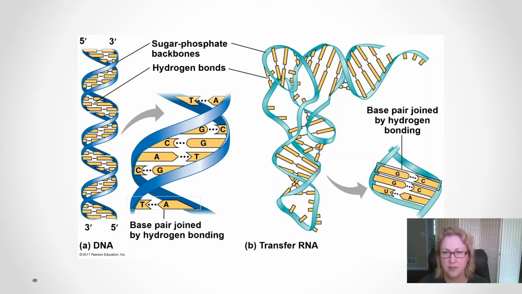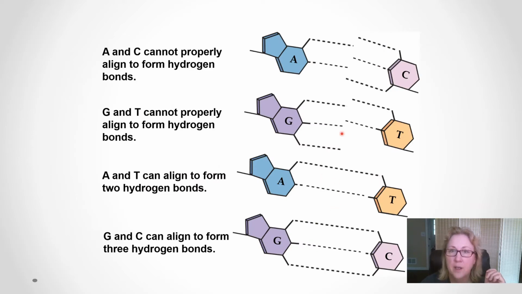And transfer RNA is one of those. It's a single strand of RNA that folds up onto itself in this 3-dimensional shape that helps the right amino acid get added to the next amino acid in our growing protein chain. And we'll talk more about that later in the semester.